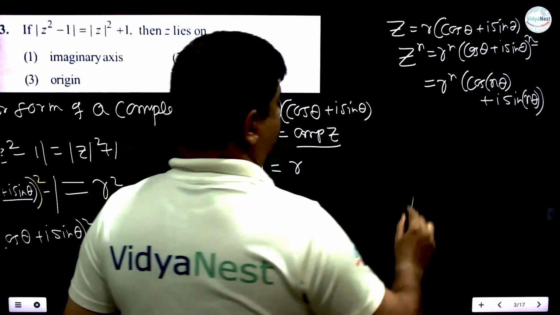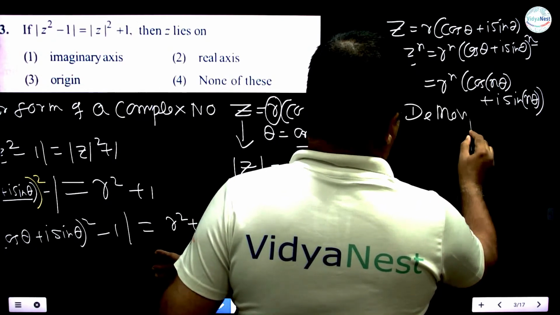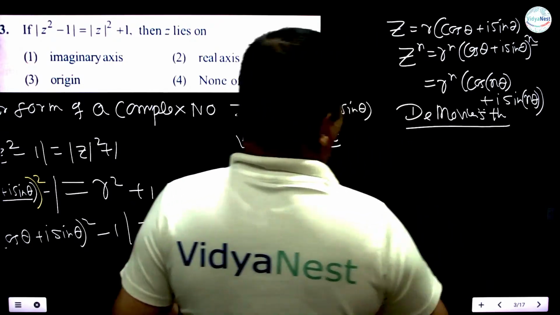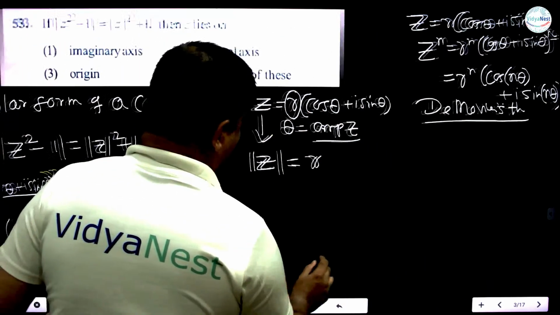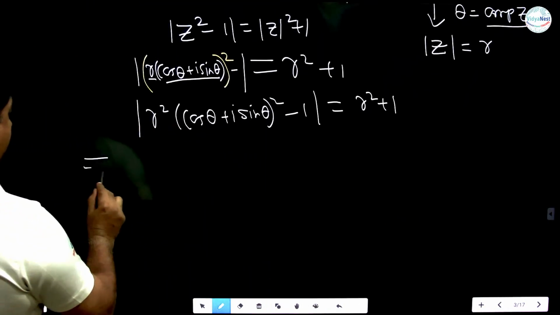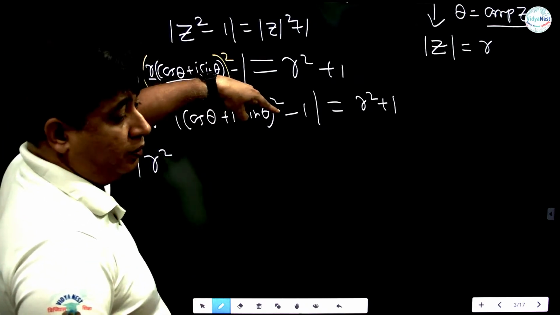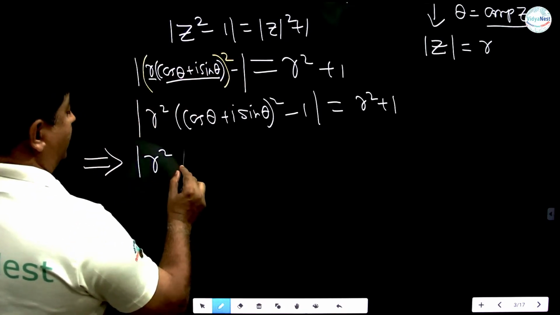That was de Moivre's theorem. Now, here we have the application of that theorem. See, r square. This 2 will be the multiple of theta.